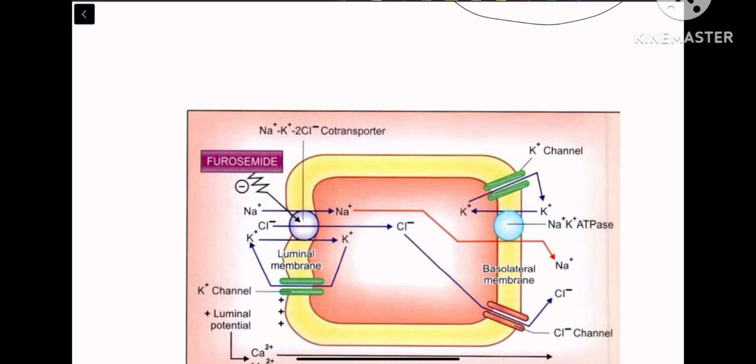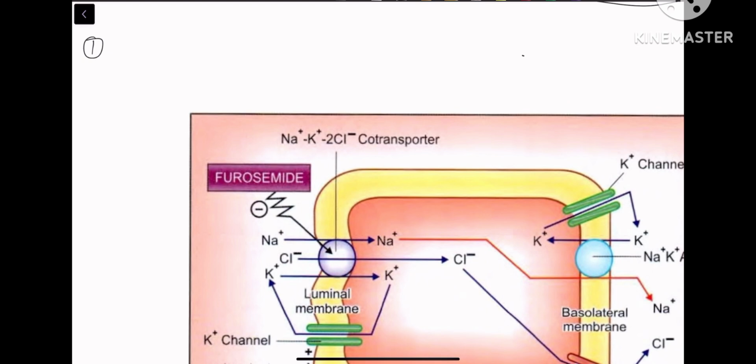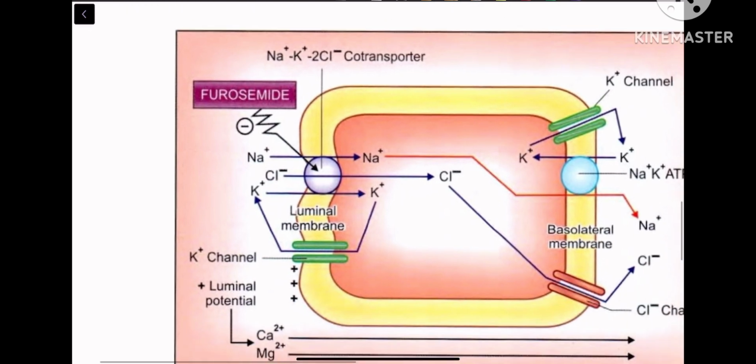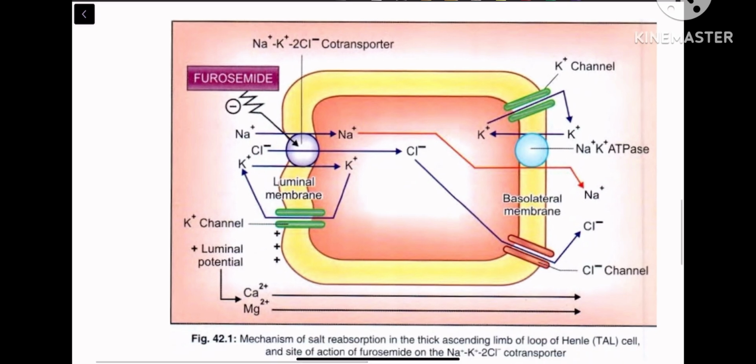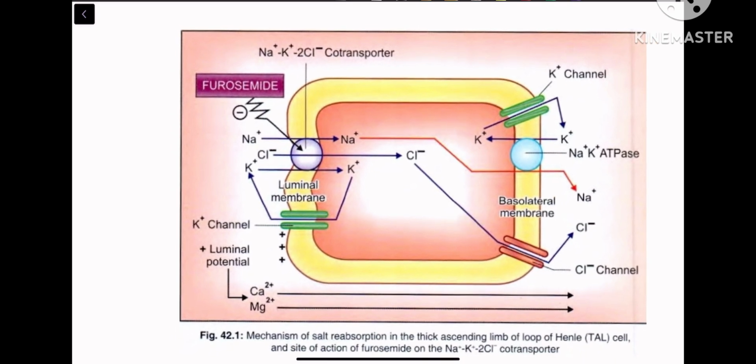Now we individually describe the classes of diuretics. Firstly, we discuss loop diuretics, which are also called sodium potassium chloride cotransporter inhibitors. Firstly, we will discuss how the normal receptor acts, and after that how the drug inhibits the receptor.